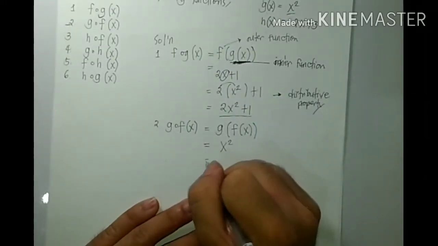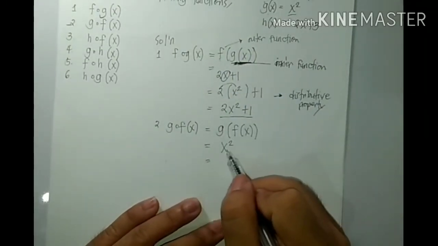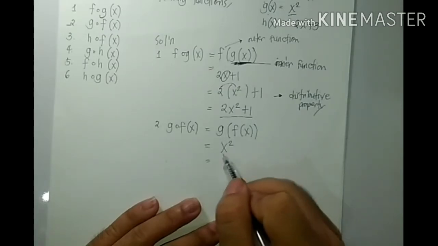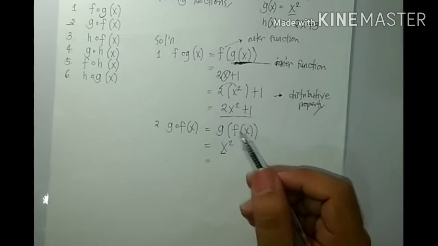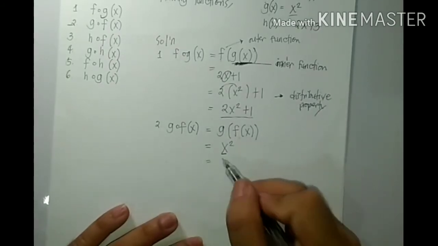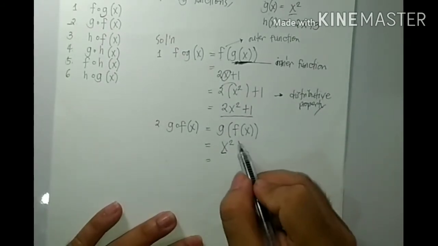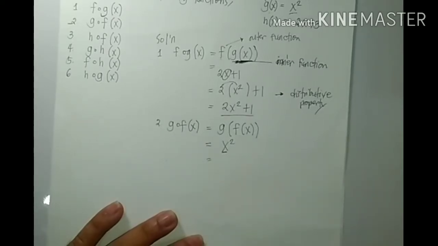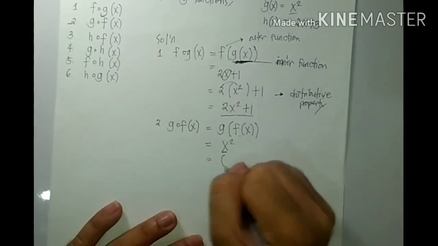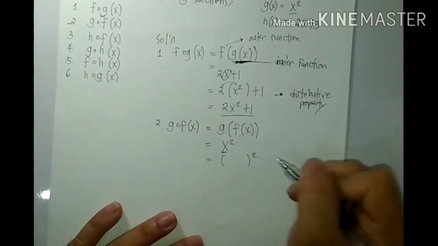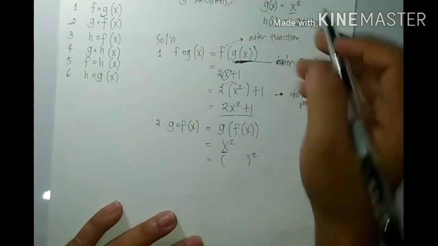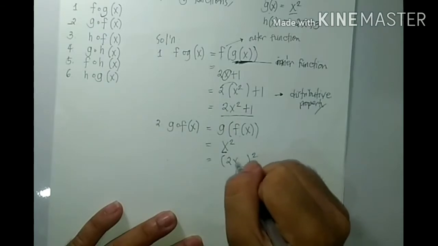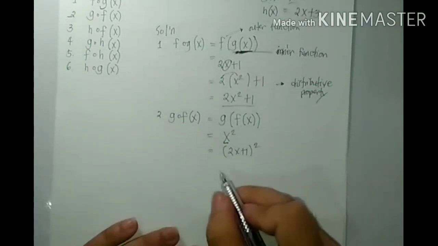Next, we need to substitute the value of our f of x for x of the outer function, replacing the x of the outer function with the value of our inner function. So our x will be replaced by the value of our f of x, which is 2x plus 1.